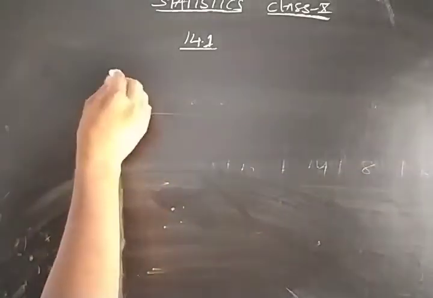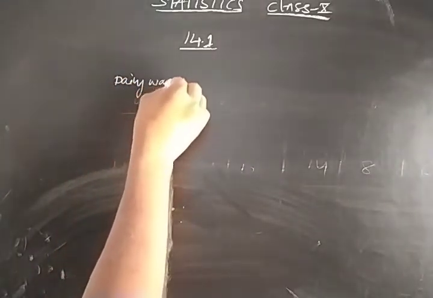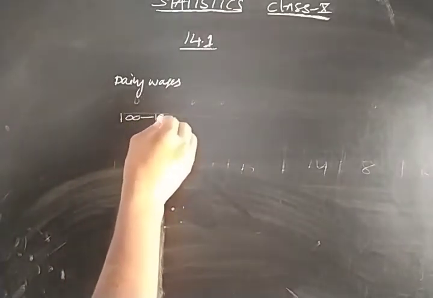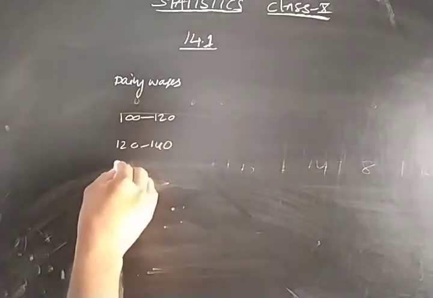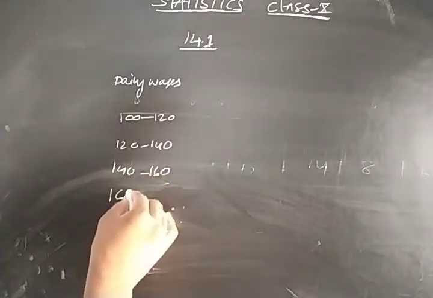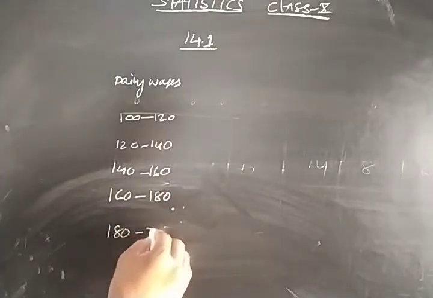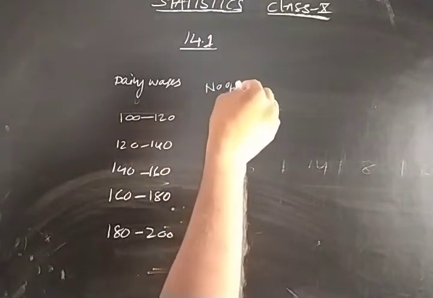Here I write daily wages in rupees: 100 to 120, 120 to 140, 140 to 160, 160 to 180, 180 to 200. Here the number of workers I am taking as frequency.